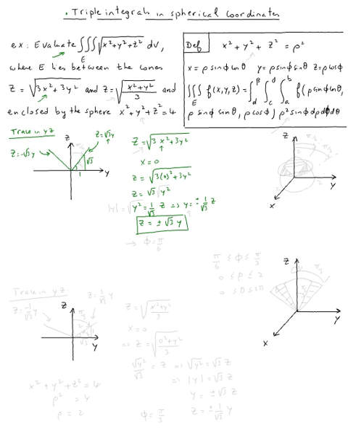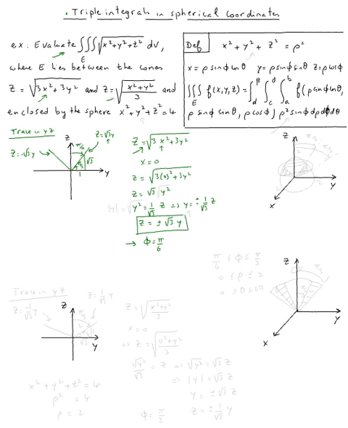Now I know that this is going to be pi over 3, right? Therefore, this angle phi will be pi over 6. So my phi is equal pi over 6. In other words, this equation in spherical is just phi equal pi over 6.